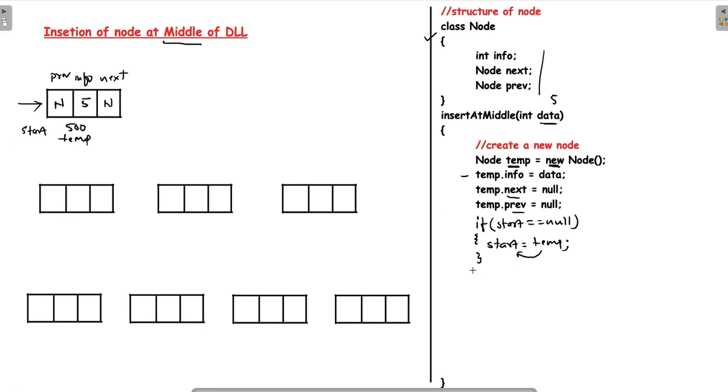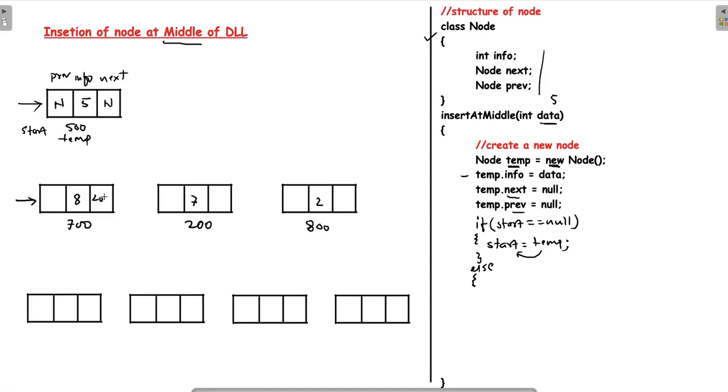What if there is an existing list available? Means else, we have to write else, and check the existing list. So I'm taking some random data, 2 suppose, and the addresses are like 700, 200, and 500 is already taken by the new node, so I'll take 800.